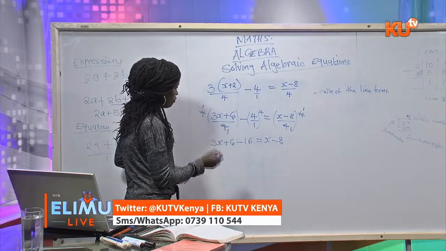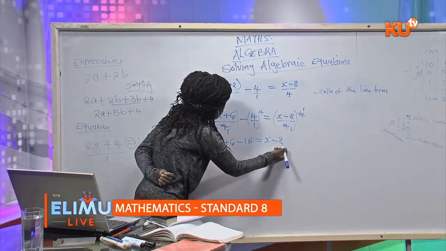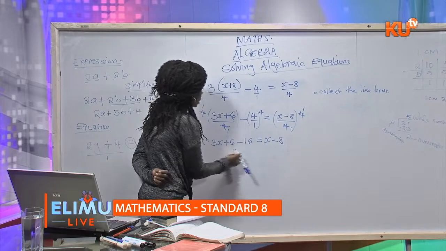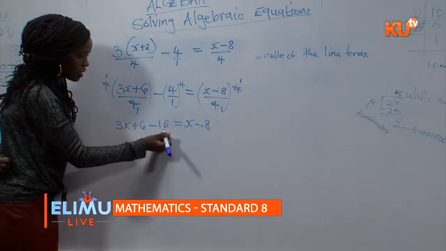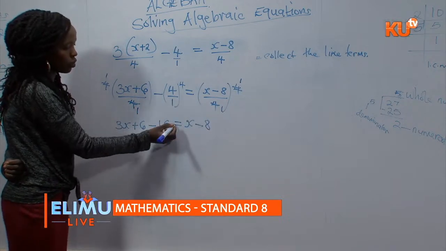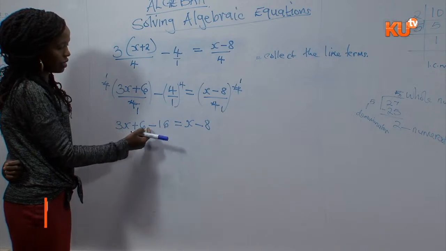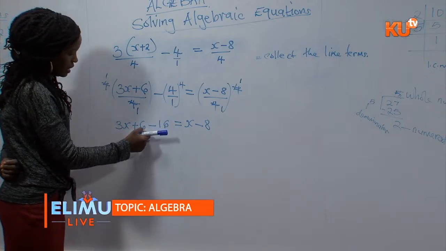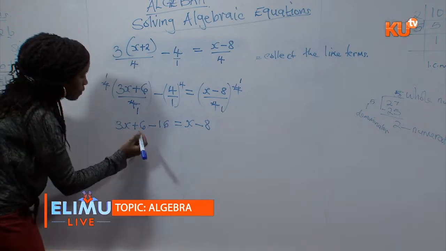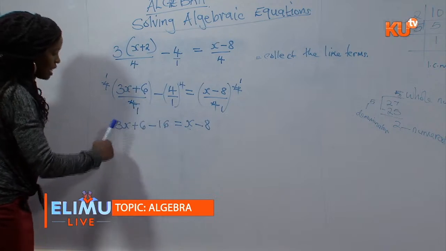Looking at these, we have -8 on this side, and I have -16 and +6. When I move -16 to the other side of the equal sign, it is going to become a big number, so it is easier to move -16 and +6. And this x, when I move it to the other side, it's going to be -x.